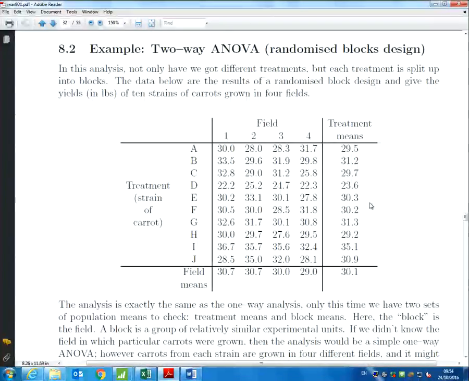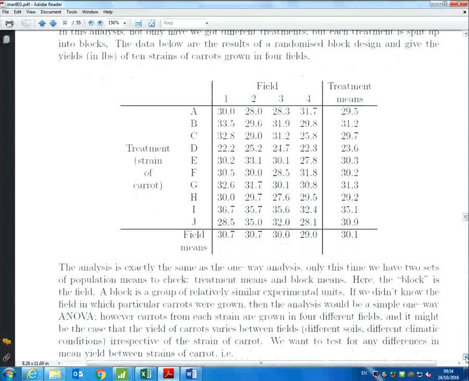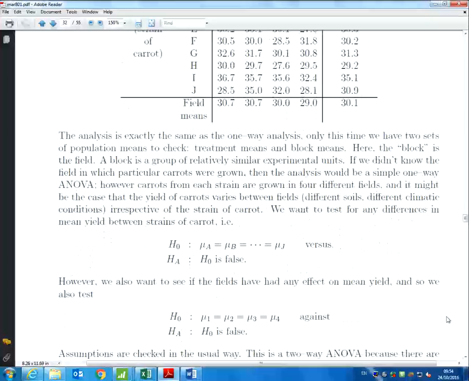But because of the different fields, well that's a second factor. So that's why this is two-way ANOVA. The null and the alternatives, this time you've actually got two nulls and two alternatives. What's your first null?